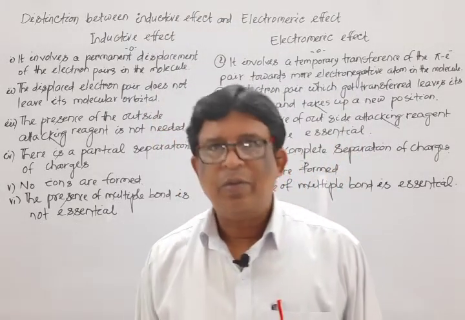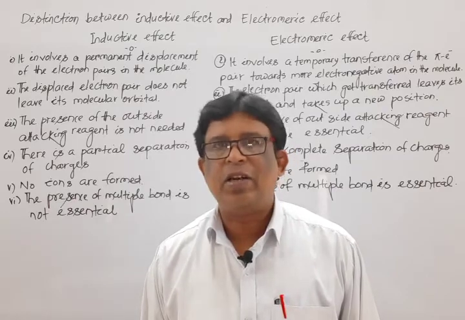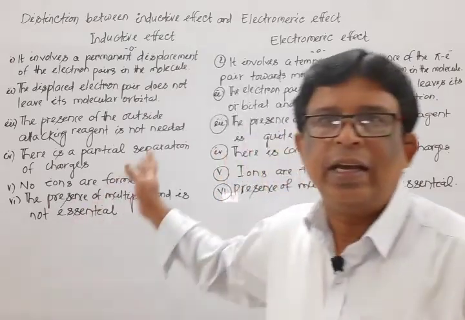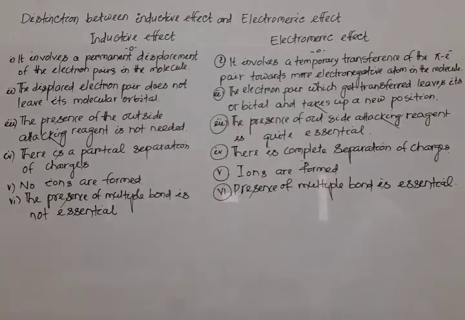Next, note down the distinction between inductive effect and electromeric effect. Note down, first side is inductive effect. Point one, it involves a permanent displacement of electron pair in the molecule. While in electromeric effect, it involves a temporary transference of pi electron pair towards the more electronegative atom in the molecule.